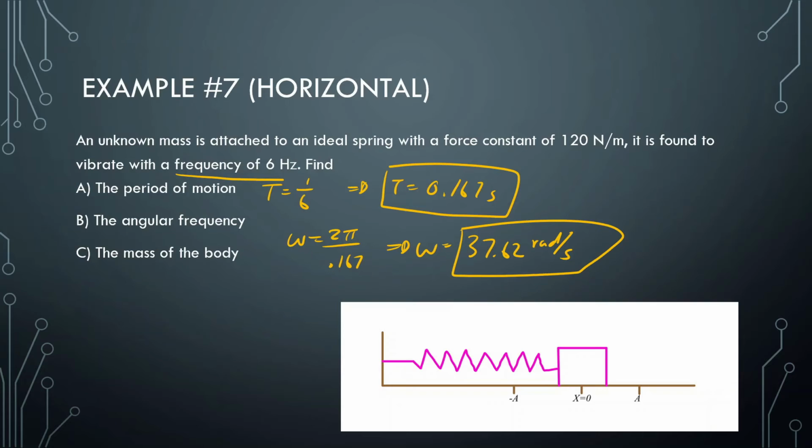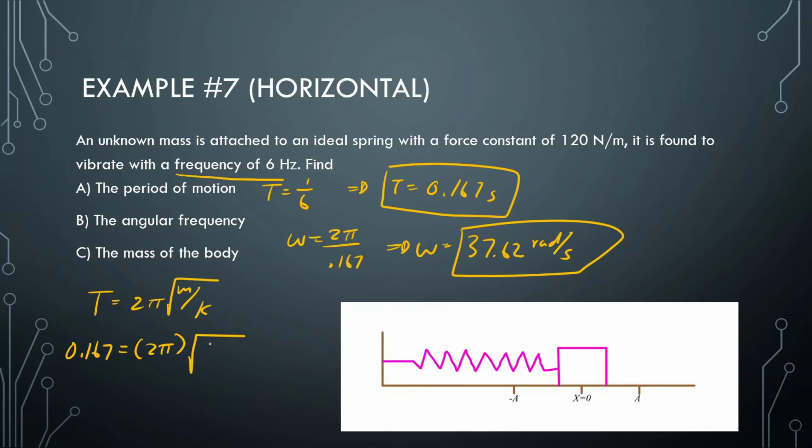So what we should know, period is equal to 2 pi square root of m over k. Now I know period is equal to 0.167 and it's equal to 2 pi. I'm putting this in parentheses because I'm going to end up dividing by 2 pi, and pi is strange. You want to make sure to always put this in parentheses when you divide.